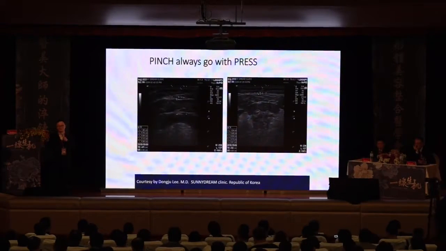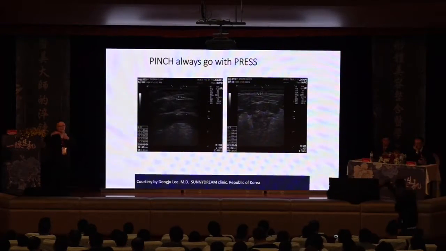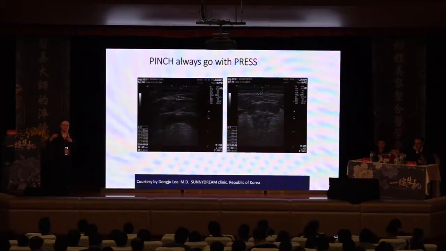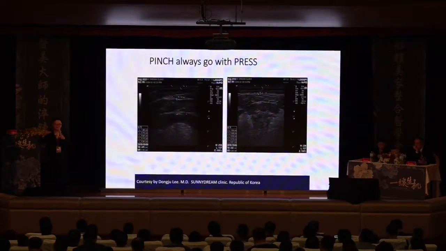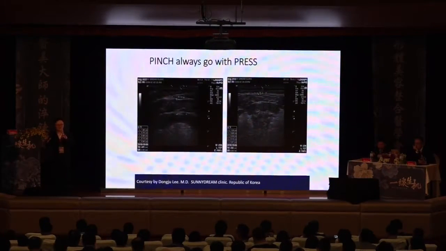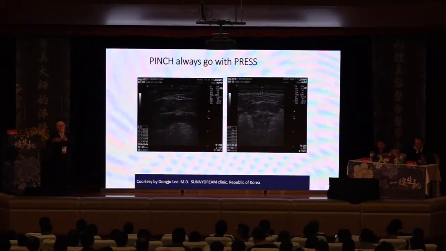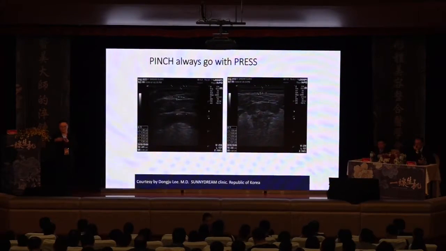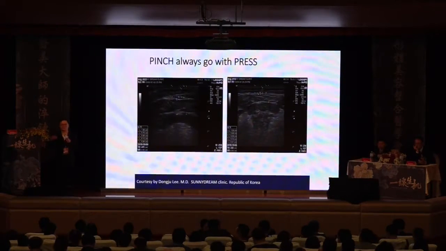About 40% reduction of the pad thickness. It's very important when we insert threads in the neck area. Generally we use the press technique. At that time, the thickness of the subcutaneous pad decreases, and generally, the thread will be inserted in a deeper layer.